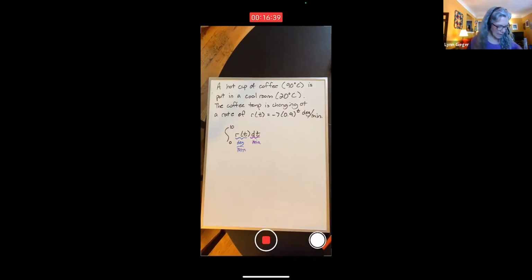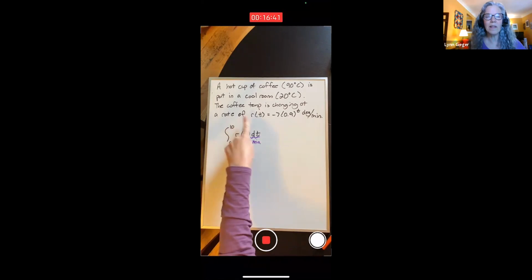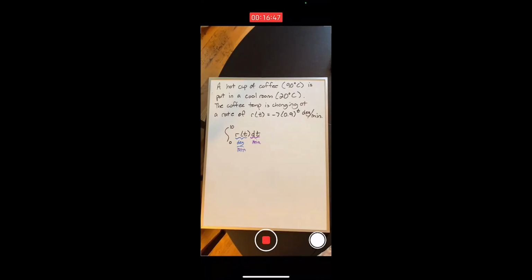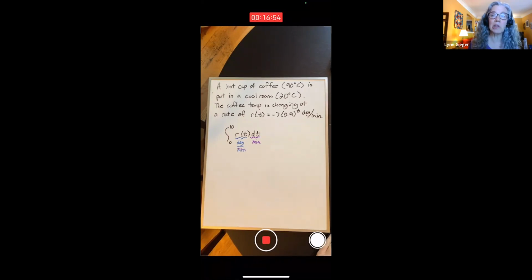Somebody try putting it into words what this definite integral would calculate. The total amount of change in temperature during the first 10 minutes of the coffee cooling. Yep, how much of a temperature loss do we have in the coffee? How much does the coffee cool down? What are the units by which we're measuring that?